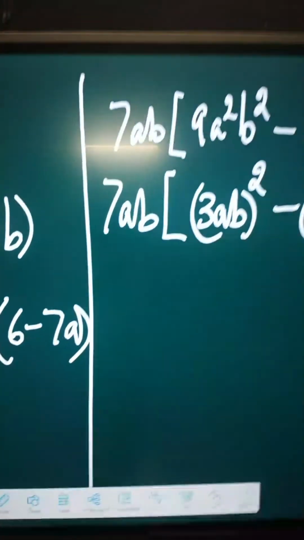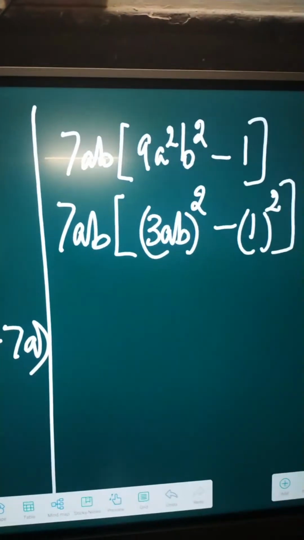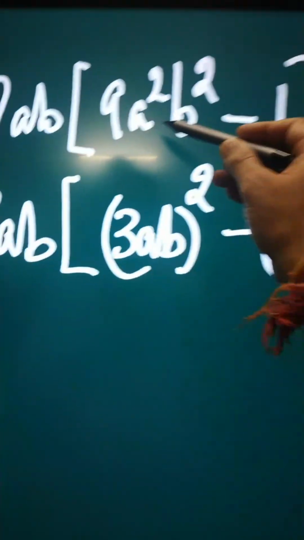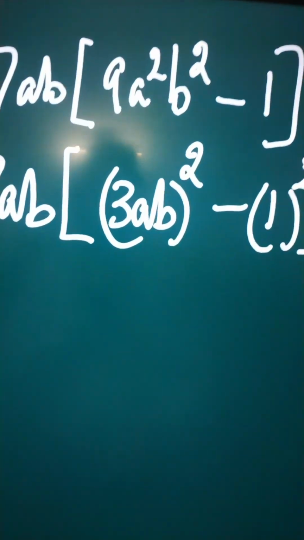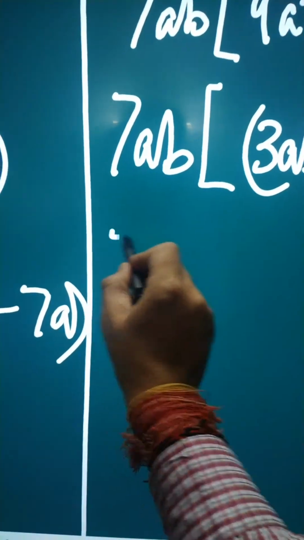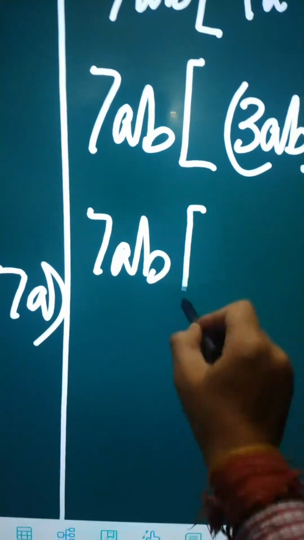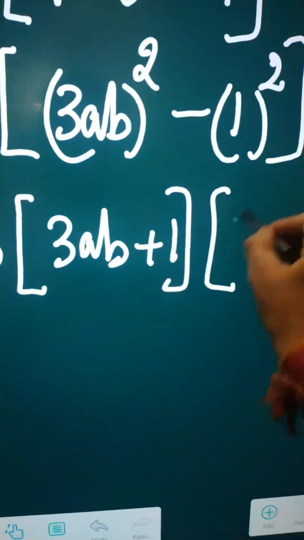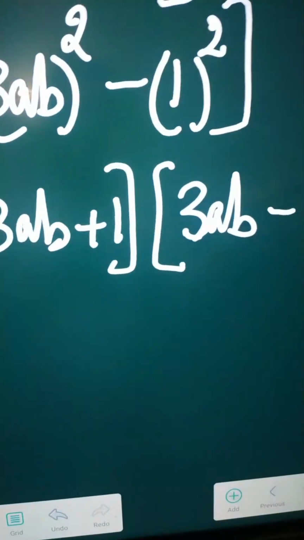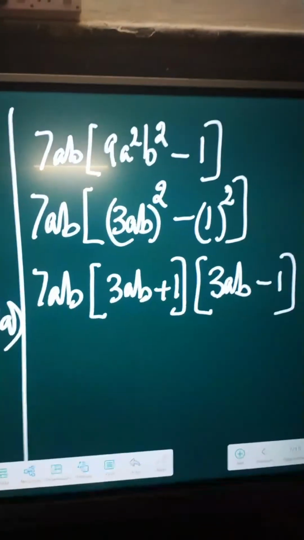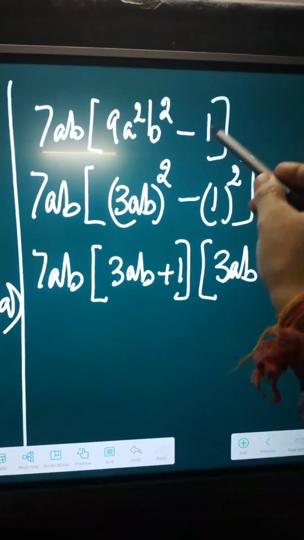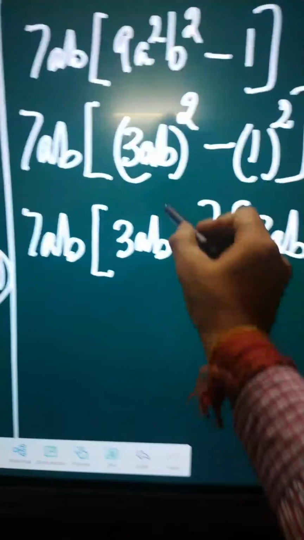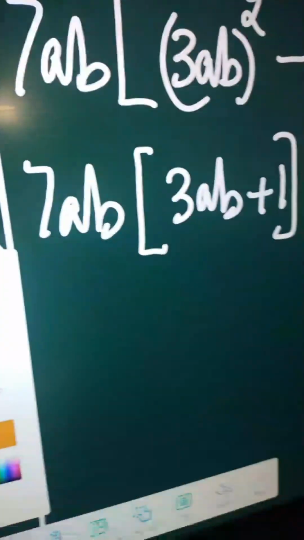After that, 9a square b square minus 1 will be factorized by writing it as a square minus b square, which will become 7ab, 3ab plus 1, 3ab minus 1. So this is based on the formula a square minus b square. This is a and this is b.